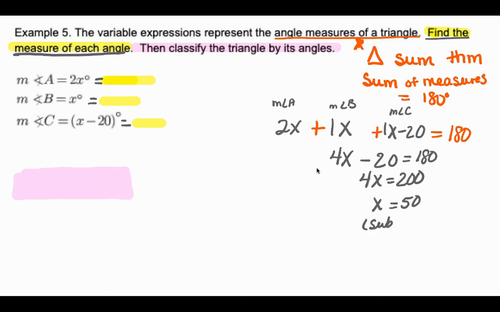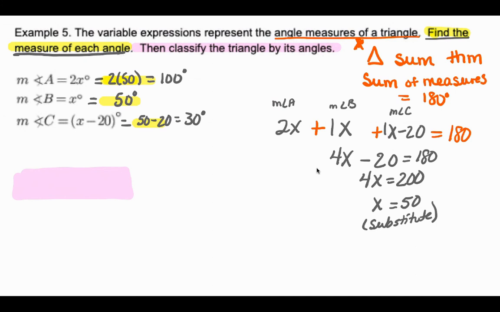Now we're going to substitute in order to find our angle measures. So angle A is 2 times 50 to get 100 degrees. B is just the 50 degrees. And C is our 50 minus 20 to get 30 degrees.